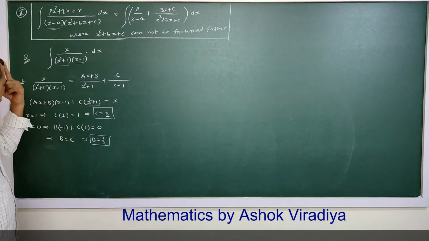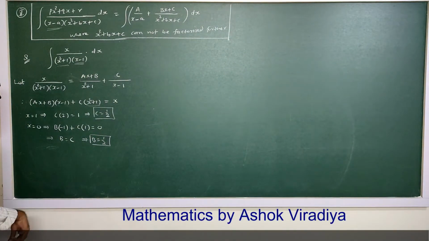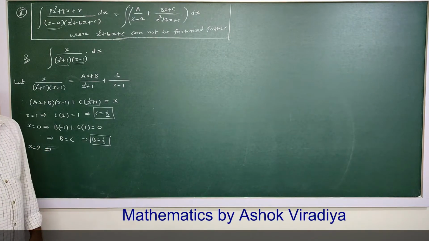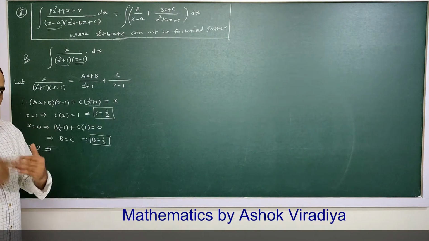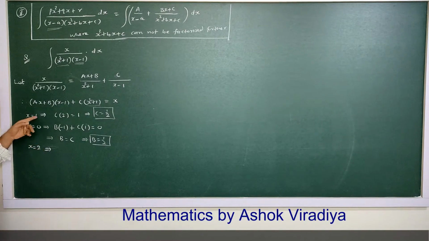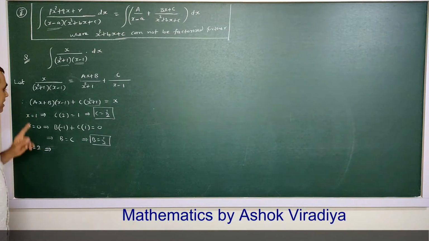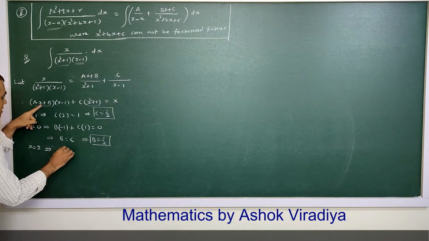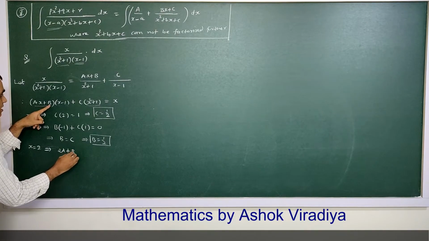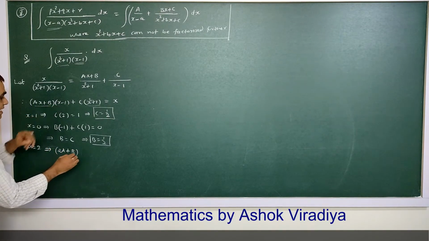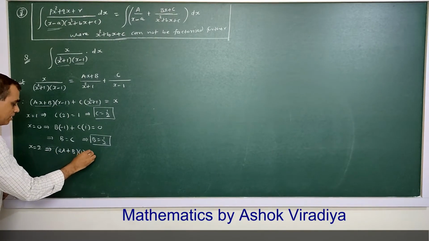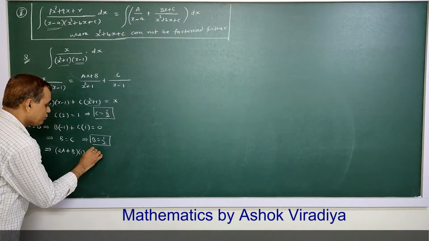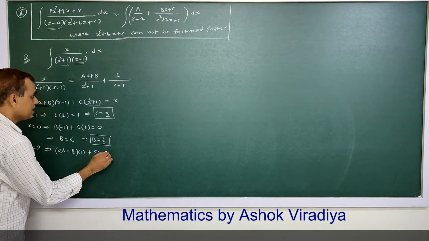Now we choose one more value. Suppose we take x equal to 2. Take values near about 0, 1, 2. This is near to 1. So take 2. Taking 2 here, putting here, (2a plus b) into (2 minus 1) is 1, plus 2 square is 4 plus 1 is 5, c is equal to 2.